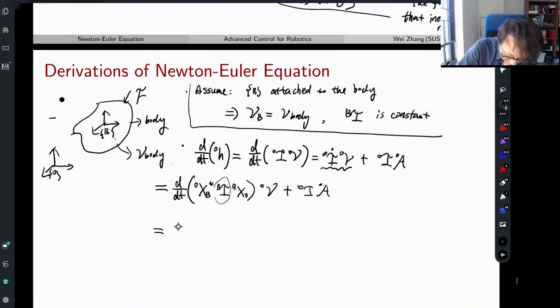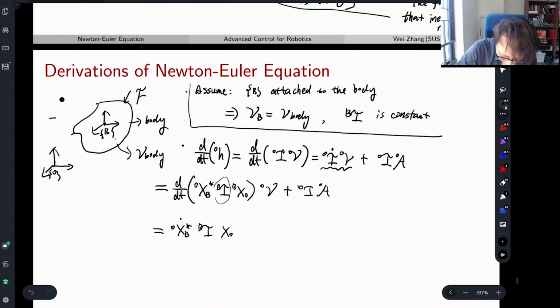Roughly speaking, I will have X_BO star derivative times I_B X_OB, plus, holding the other part fixed, the derivative of the other time-varying part, which is X_BO star I_B X_OB dot, times V_O, and plus this term.